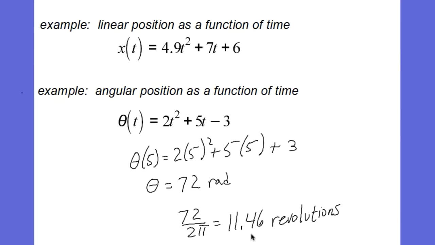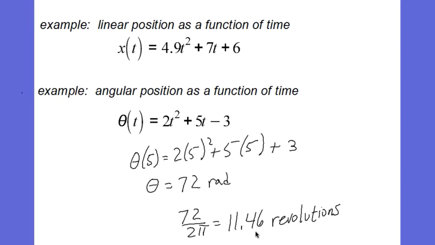That's 11.46 revolutions. So that means you can ignore this 11. That just means it went around the circle 11 times. And now it's located at 0.46 of a revolution, which is a little less than half of a revolution, which is a little less than 180 degrees.